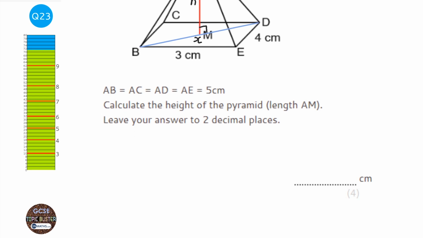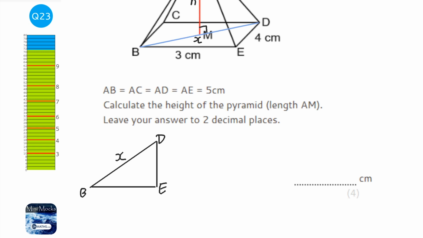Okay, so I'm going to draw out the two right angle triangles I'm using. Triangle DEB, first of all, to work out what x is. So that's DEB. We called this one x, this one is 4 centimeters, and this one's 3 centimeters.